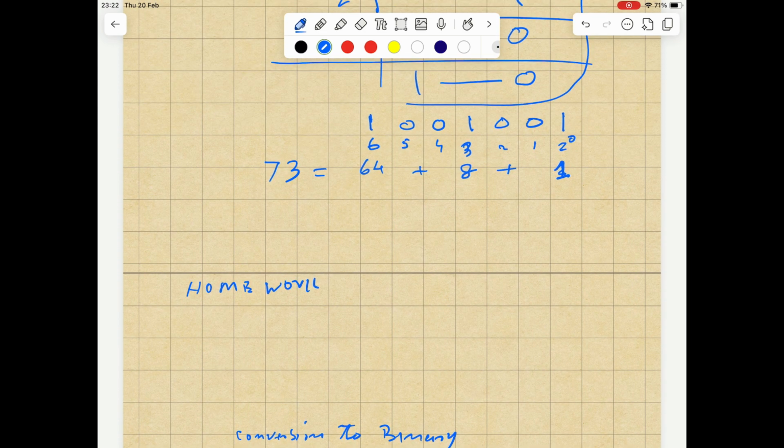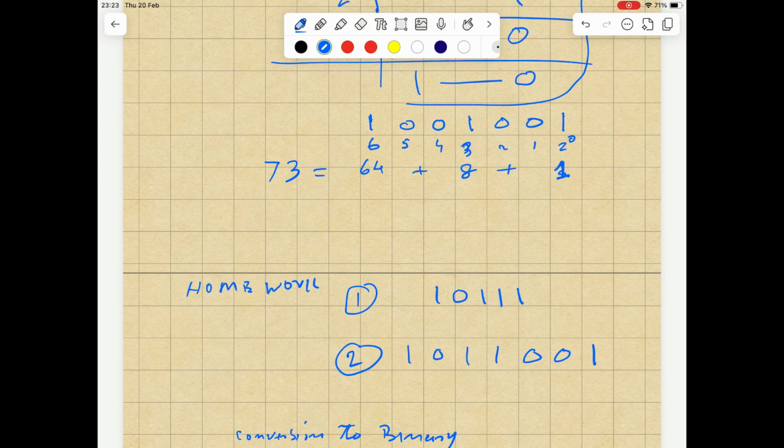Okay, so you can convert into decimal. 0 1 1 1. That's number 1. Number 2 is 1 0 1 1 0 0 1. So this is a 7-digit number you can answer.